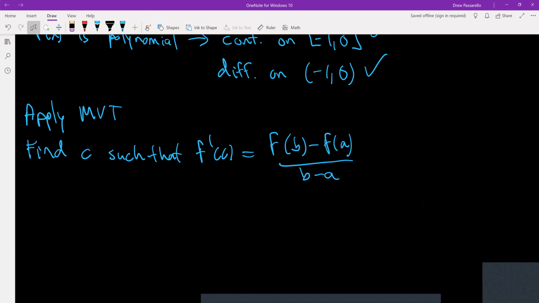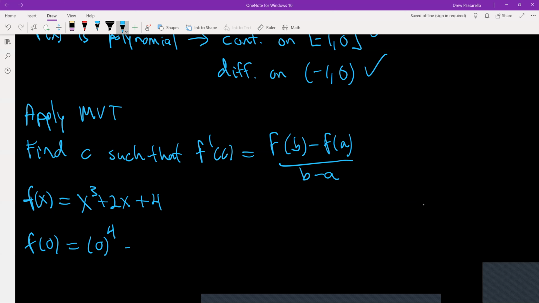So our function is x cubed plus 2x plus 4. And f of b, in this case, b is 0, so f of 0. When you plug in 0, you're going to get 4, right? So everything that has an x goes away since it's going to be 0. All right, so f of 0 is 4.